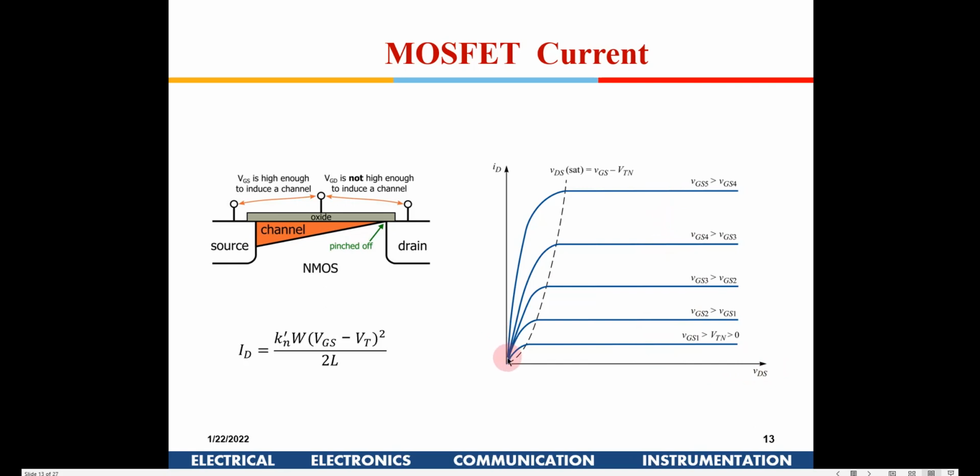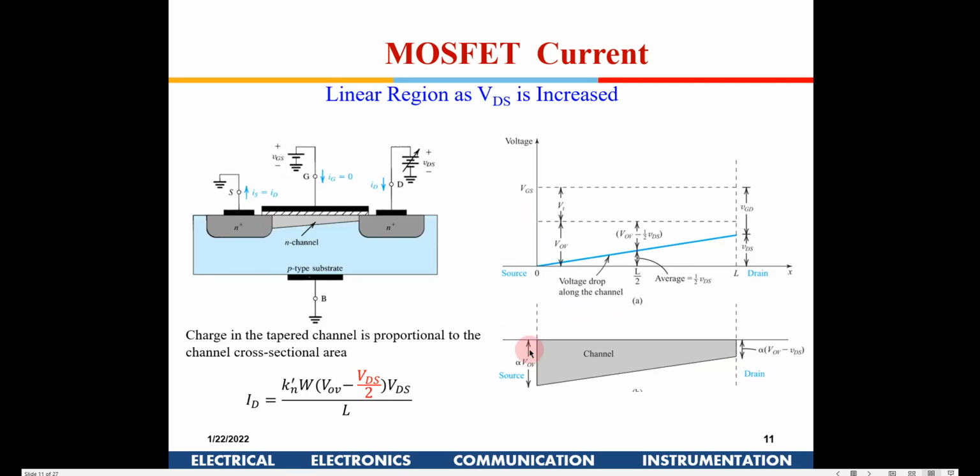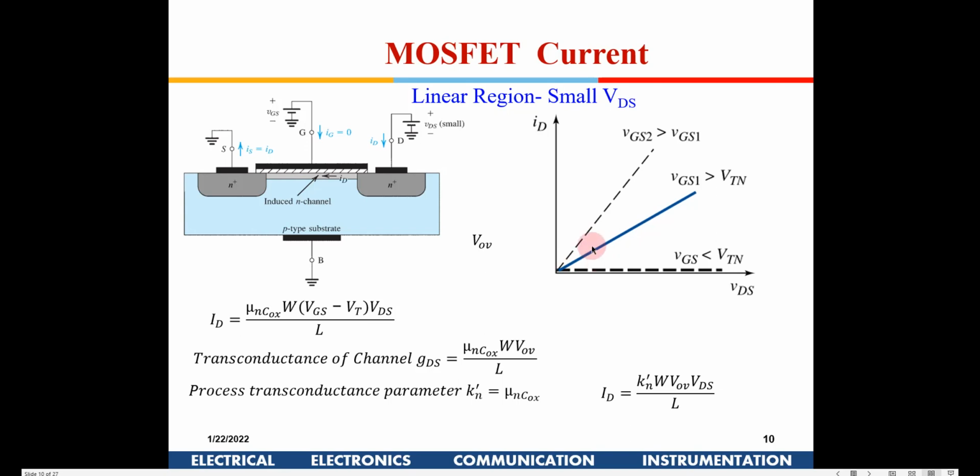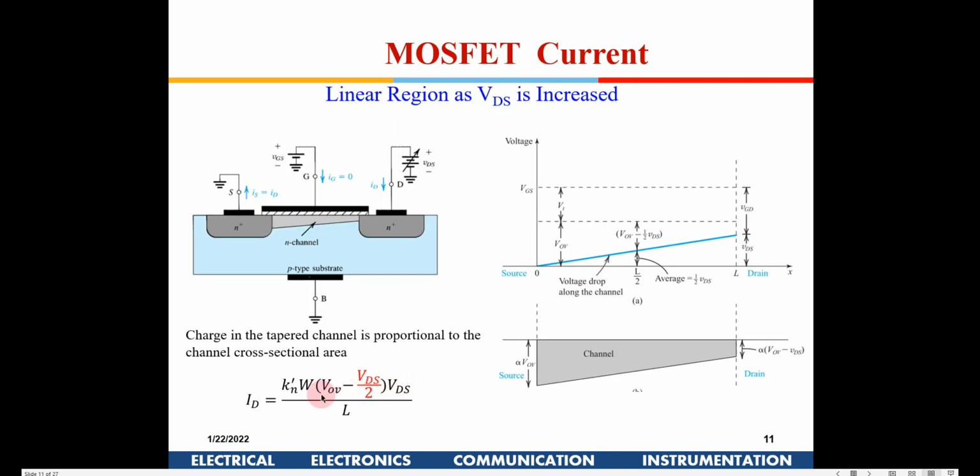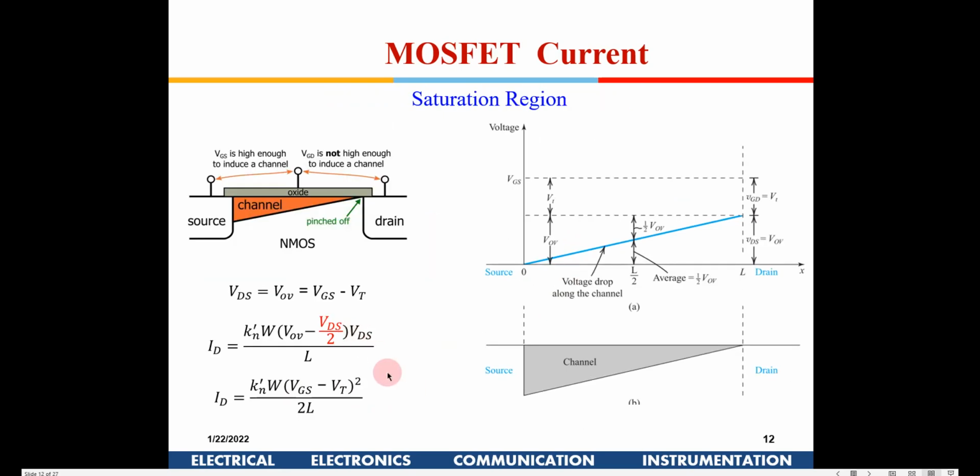For a small VDS, we initially saw that it is linear, and then it becomes quadratic in VDS, because VDS appears twice, and then it becomes totally independent of VDS. So there are three different stages.